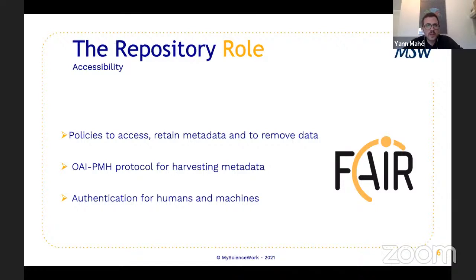Also, of course, accessibility is very important by allowing human and machine authentication and by exposing an OAI-PMH protocol server to all the other systems to harvest metadata, and the repository plays a role of dispatching research outputs and helping research outputs to spread around the world.